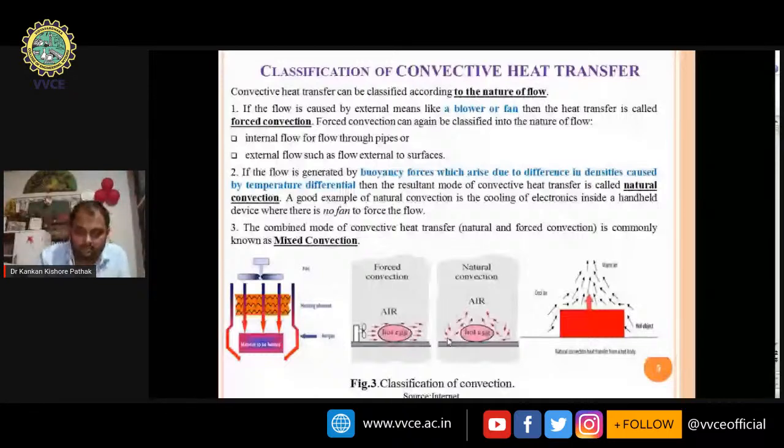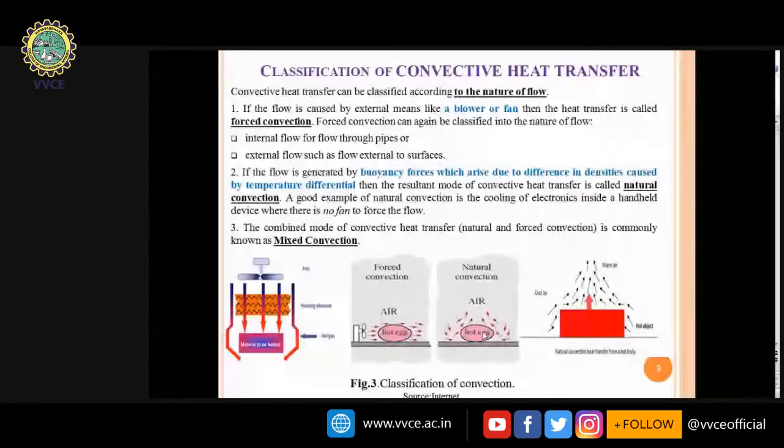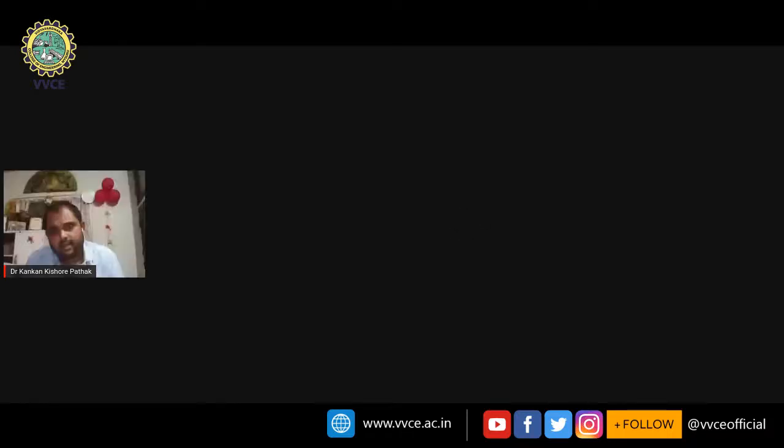Okay, so next, the classification of convective heat transfer is actually a function of a dimensionless number. Now, the Grashof number plays a very vital role. It is the ratio between the buoyancy and the viscous force.